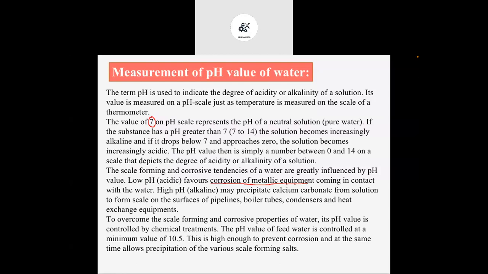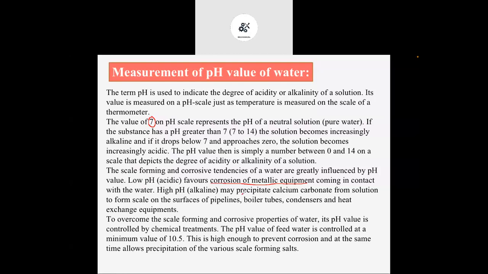If the feed water is more alkaline, meaning its pH value is greater than 7 and approaches towards 14, then in that case it will precipitate the calcium carbonates or the different dissolved salts. Again, this precipitated calcium carbonate is going to create the scaling problem, as we know.